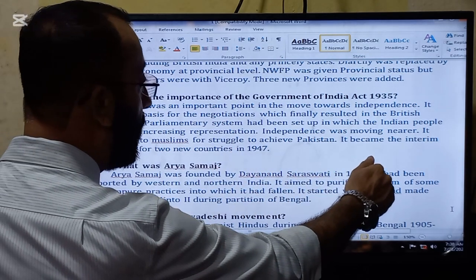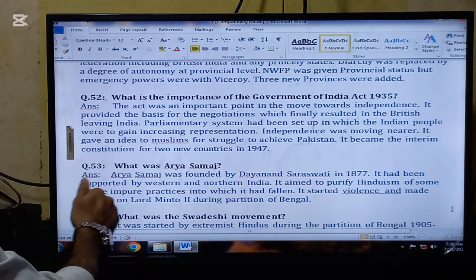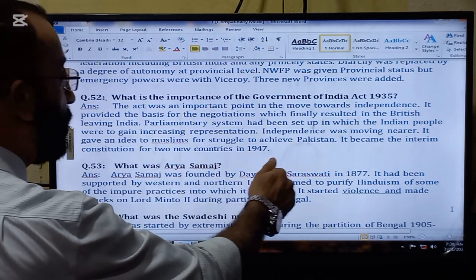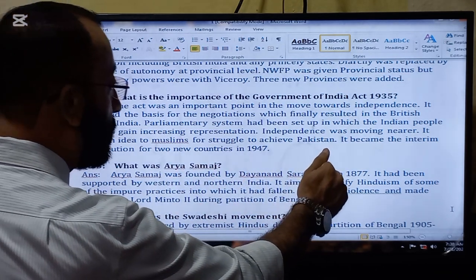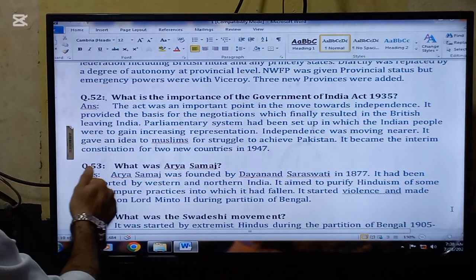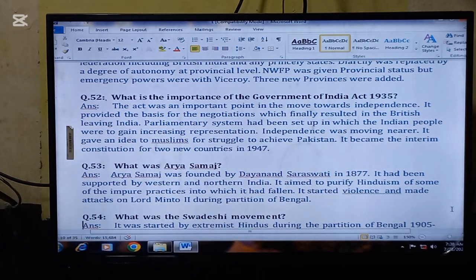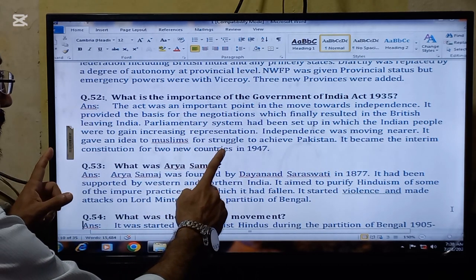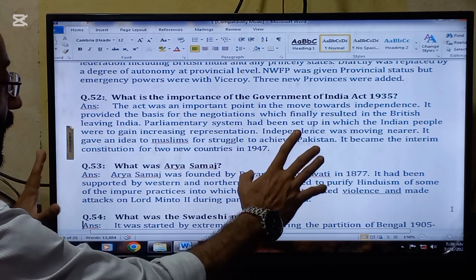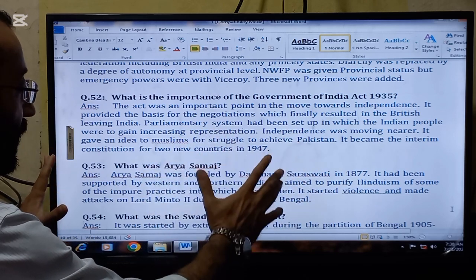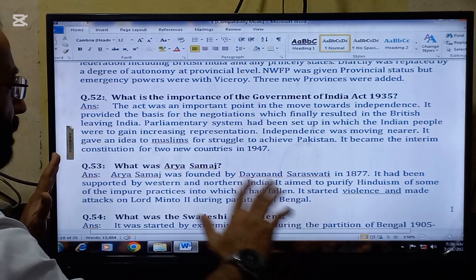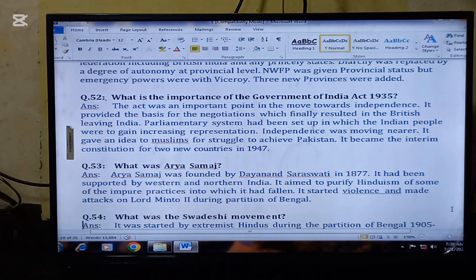Independence was moving nearer. It gave an idea to Muslims for struggle to achieve Pakistan. So it became the interim constitution for 2 new countries in 1947. So this is the importance of the Government of India Act, because through it the British were becoming weaker and weaker day by day, and independence was coming nearer.